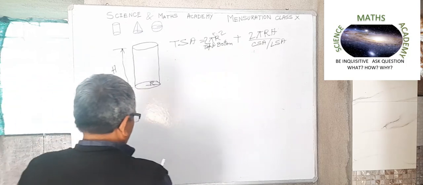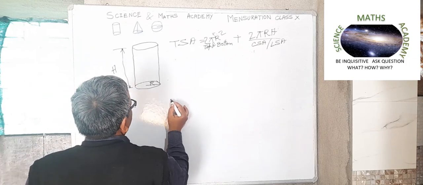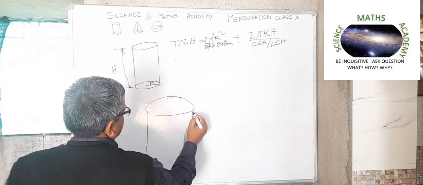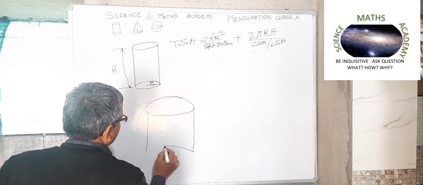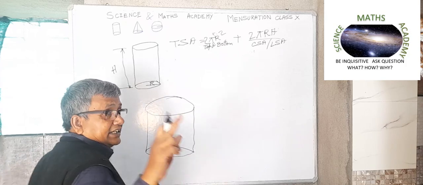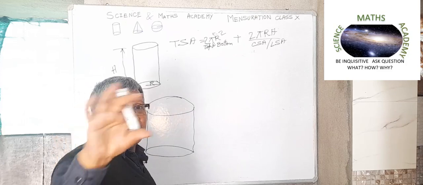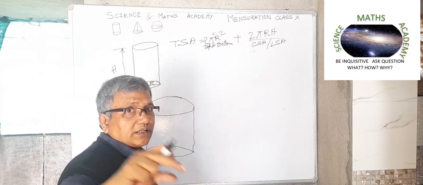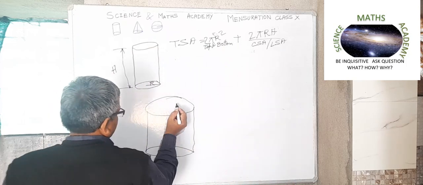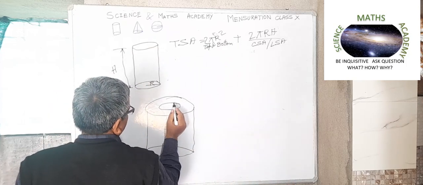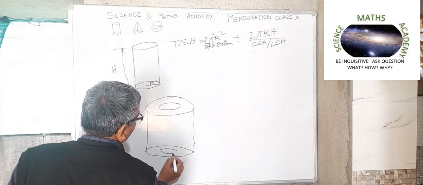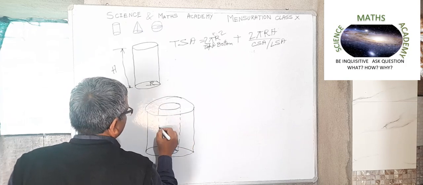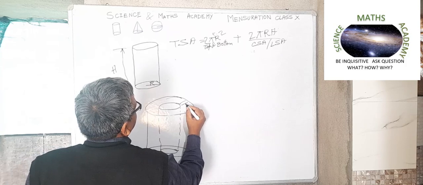If it is hollow, I am drawing a bit bigger, like this. At the beginning I told you about a circular track around the ground, the same formula is here. See here, sir, this is the material.